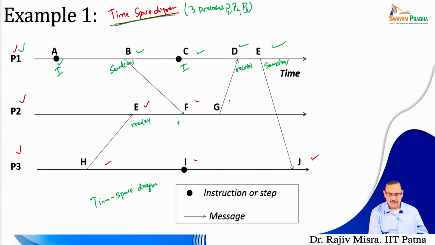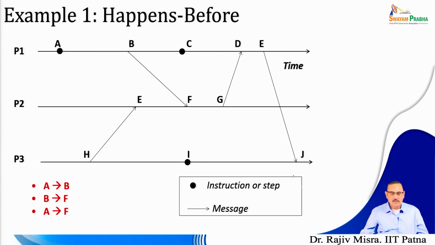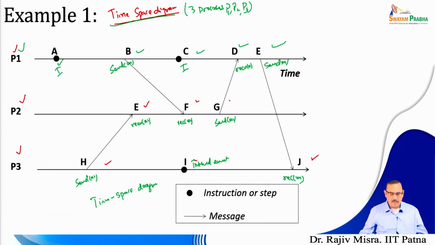and F is also a receive of a message event, G is a send of a message event, and you can see in process P3, H is the send of a message event and I is an internal event and J is the receive of a message event. So, here let us see about the message exchange, and let us see that A has happened before B here in this case, as per rule 1.